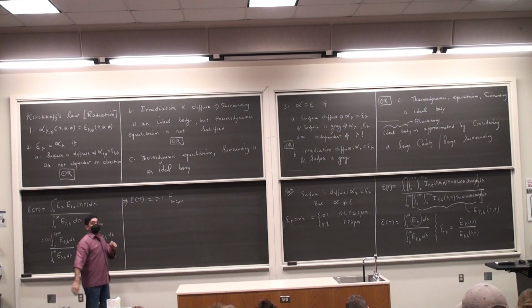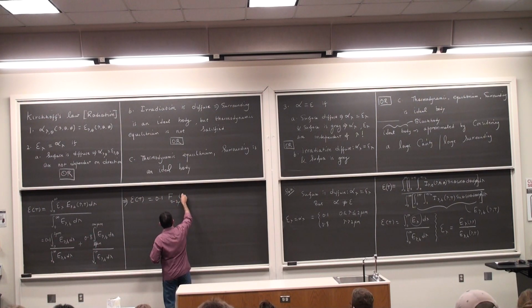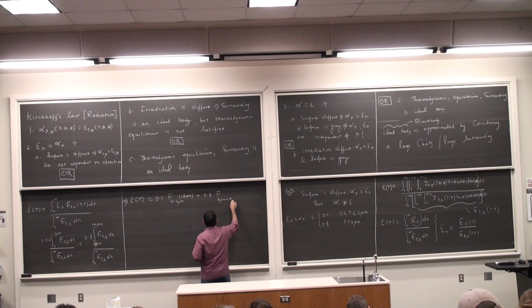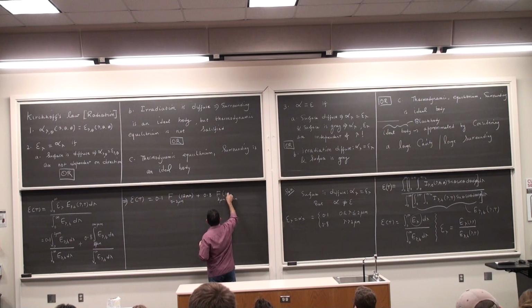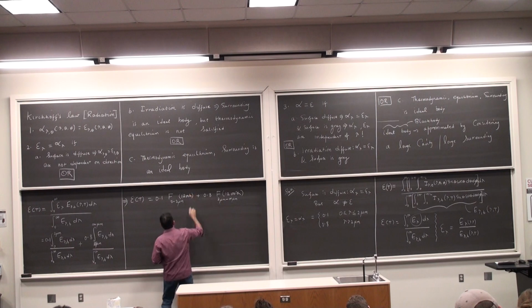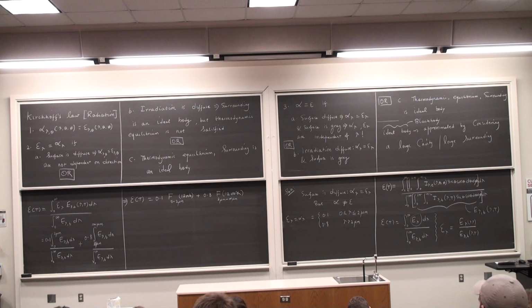It is very important to specify the temperature here, so I typically write it as at 1200 Kelvin, plus 0.8 times f from 2 to infinity. This is the temperature of the object.